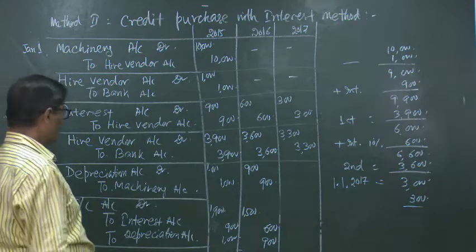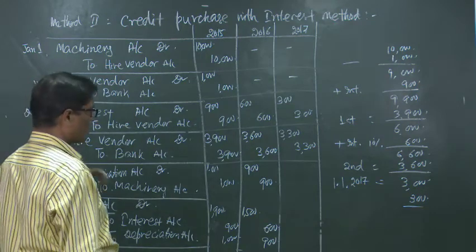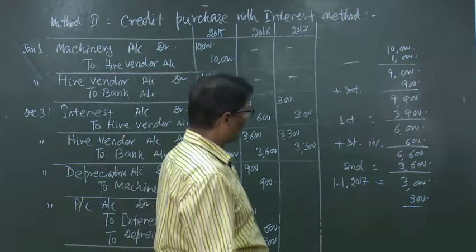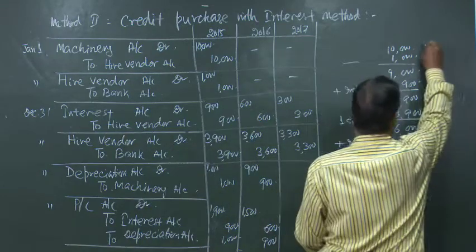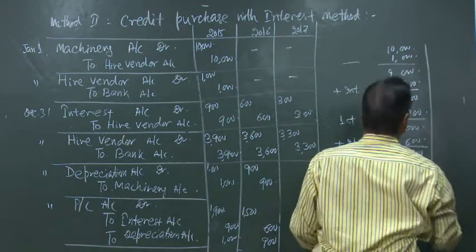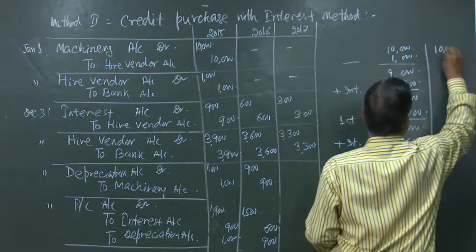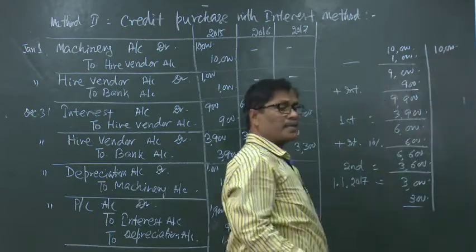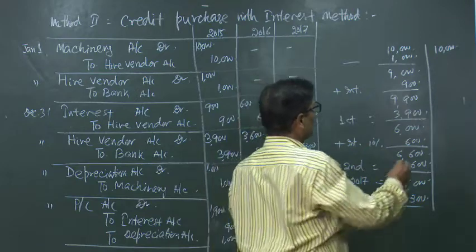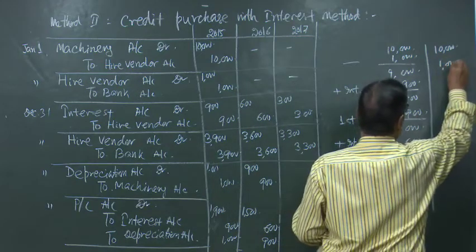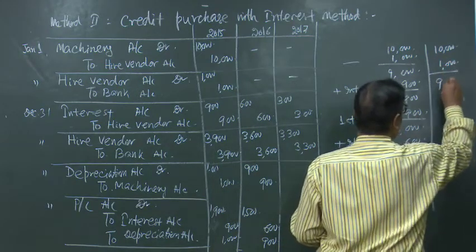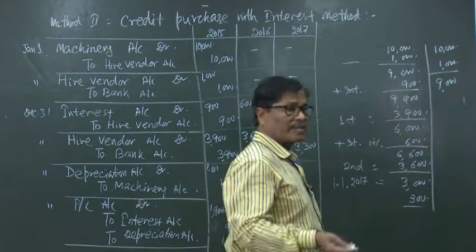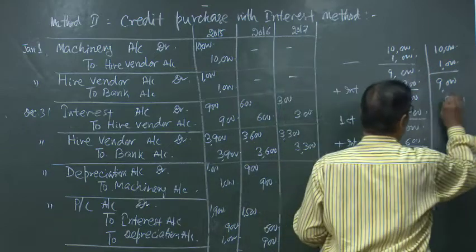Then we can go to the next entry, that is depreciation. How much will be the amount of depreciation? So, for calculating depreciation we can take it like this. It was 10,000 so far as the cost is concerned. First year's depreciation was 1,000. So, it was 9,000. Second year's depreciation was 900.